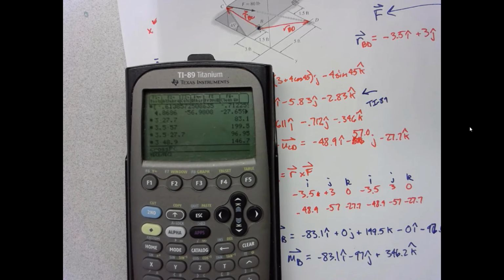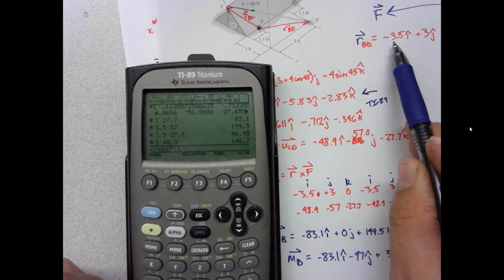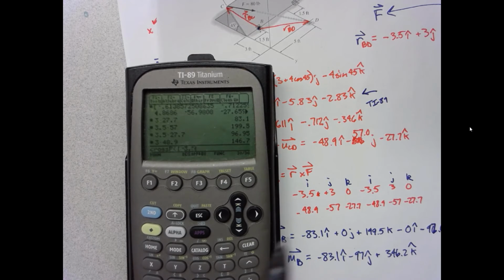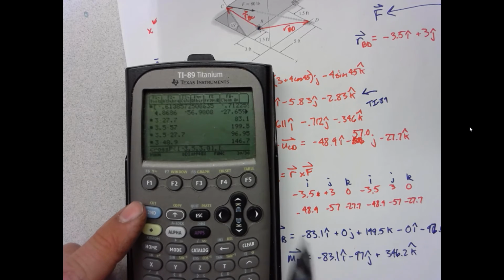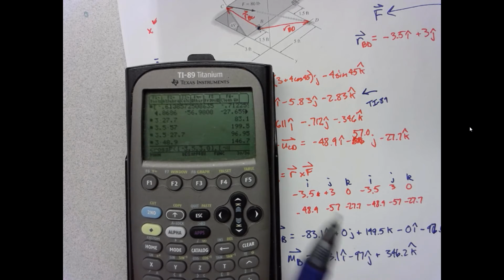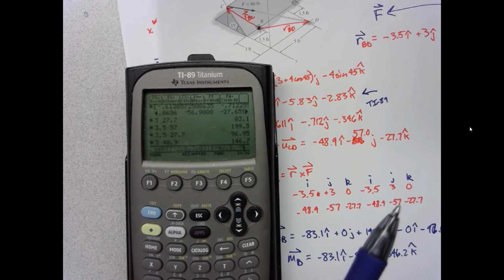You hit enter, open a square bracket, and the first vector is our position vector. So negative 3.5, comma 3, comma 0. Close the square bracket, another comma, open a square bracket, and now do your force vector. Negative 48.9, comma, negative 57, comma, negative 27.7, I think.